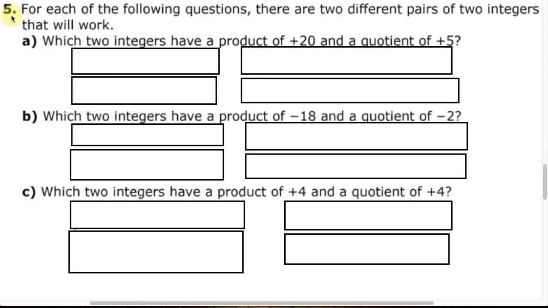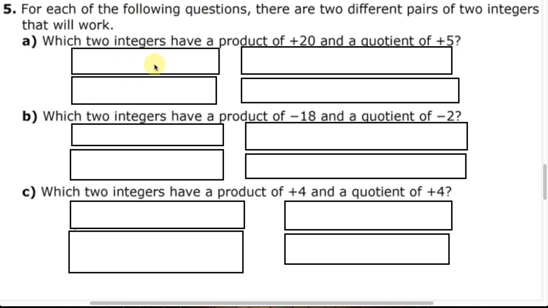Okay, and last example to look at here, number 5. For each of the following questions, there are 2 different pairs of integers that will work. We want to know which 2 integers have a product of positive 20 and a quotient of positive 5.